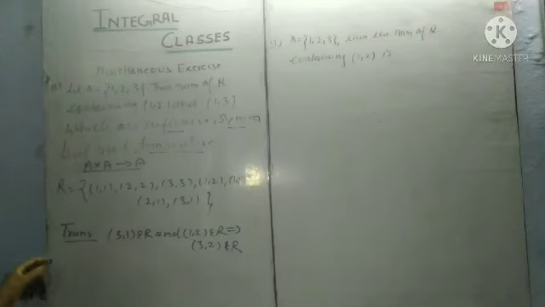So how many relations can we write here? Only one relation. So the answer of this question is 1.